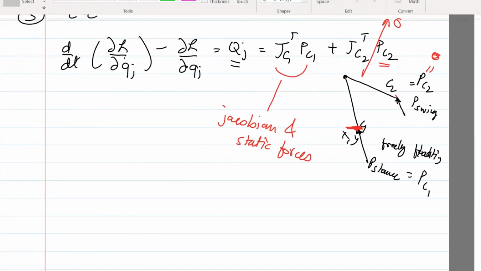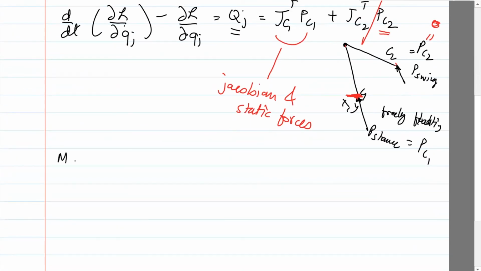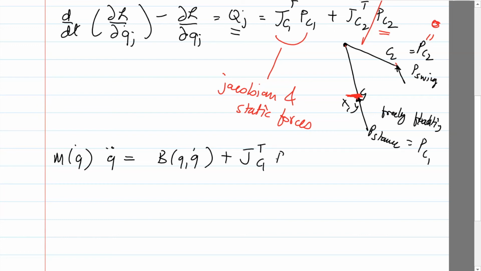the Euler-Lagrange equations, I end up with equations which look like this: mz double dot equals, or m, let's use z, b, I think it should be a function of theta, c double dot p theta, theta dot, and then we would have, you know what, let me just write it this way: mq q double dot equals bq q dot plus J transpose C1 PC1.